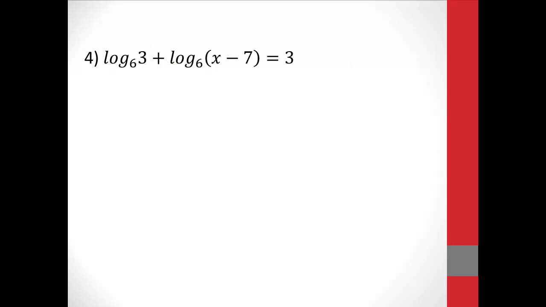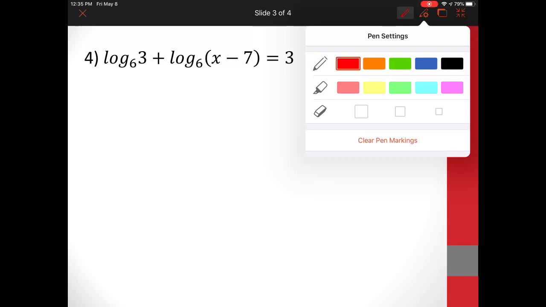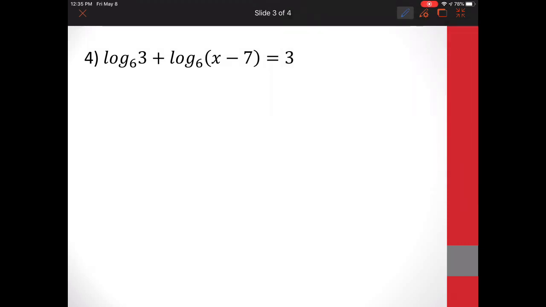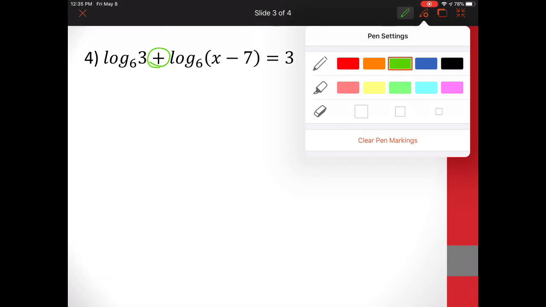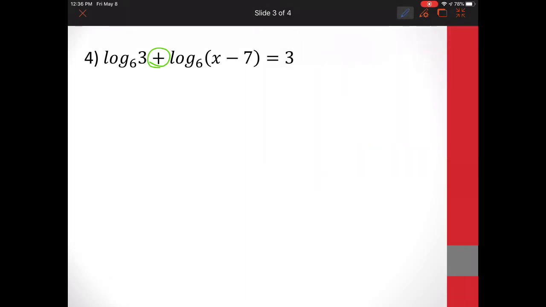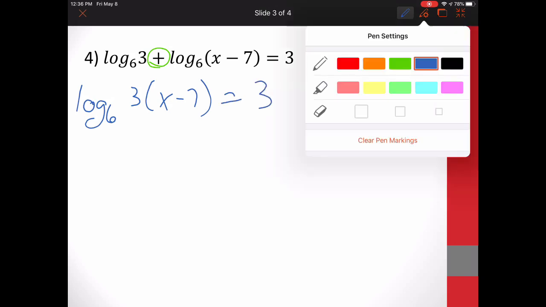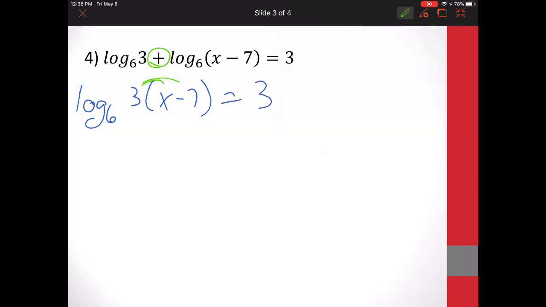So here we are. We have this plus sign, which means times, right? Know that from our properties. So that's log base 6 of 3 times x minus 7 equals 3. Of course, when you see parentheses, you know to distribute.